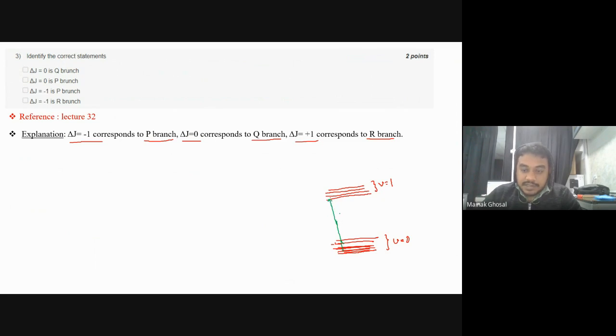If this is the transition, I'm writing another transition in another color. Another transition I'm writing.